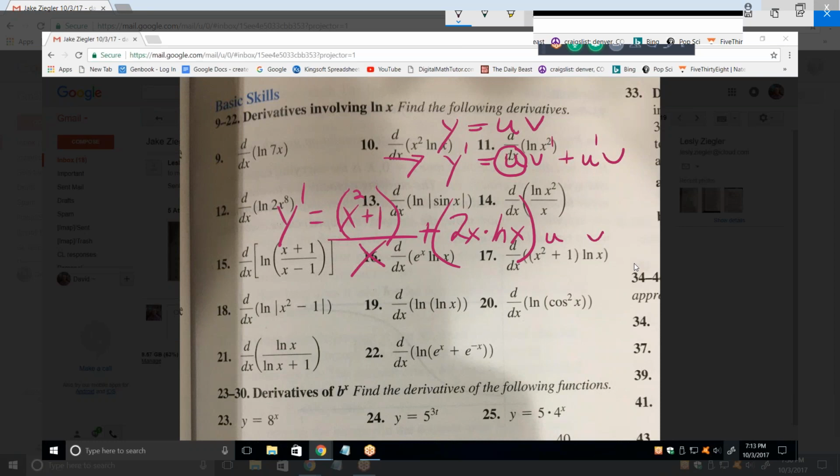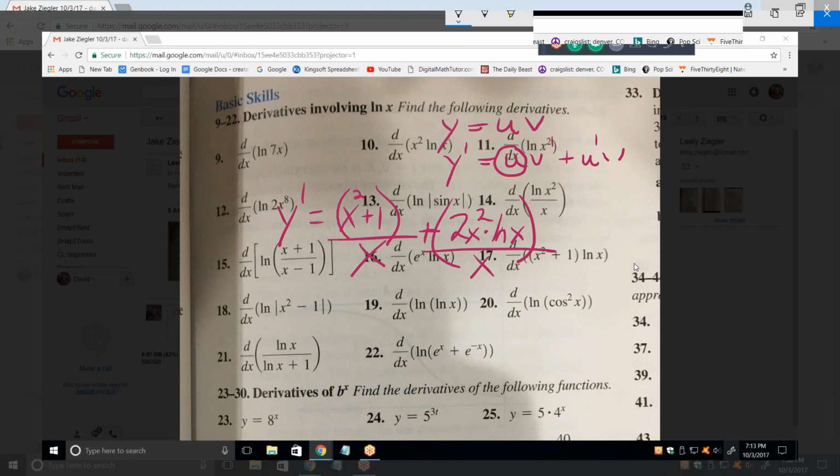Let's talk about this, because this is the hard part, the algebra part. I'm going to add this fraction to that by finding a common denominator of x. So I'm going to write this with an x down there and make sure that x is squared.